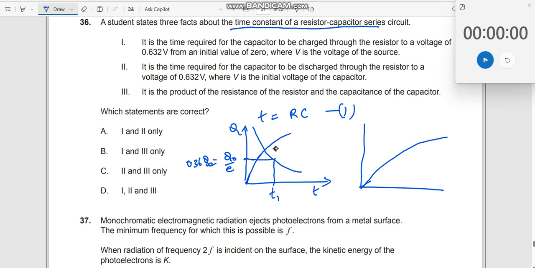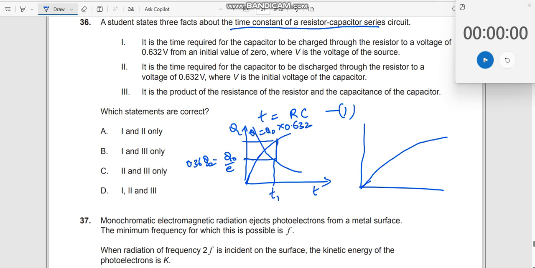When the charging becomes around 0.63 times, the charge becomes Q equal to Q naught multiplied by 0.632, that is 63% of the final charge. The time required to charge a capacitor to 63.2% of the final charge is also called the time constant.